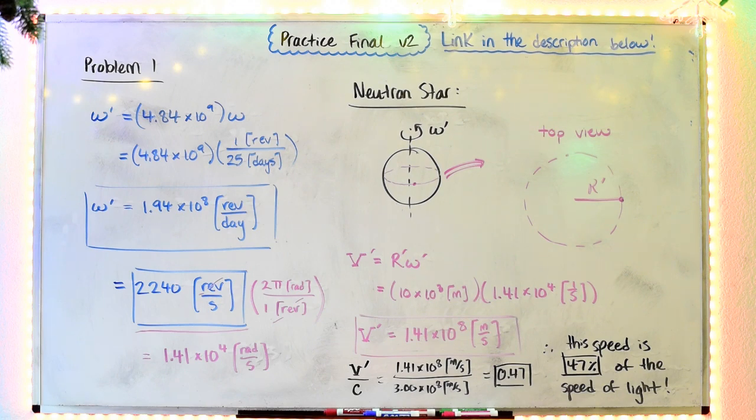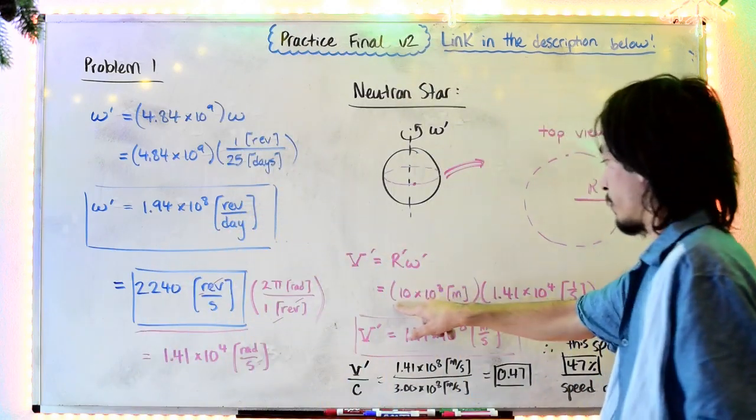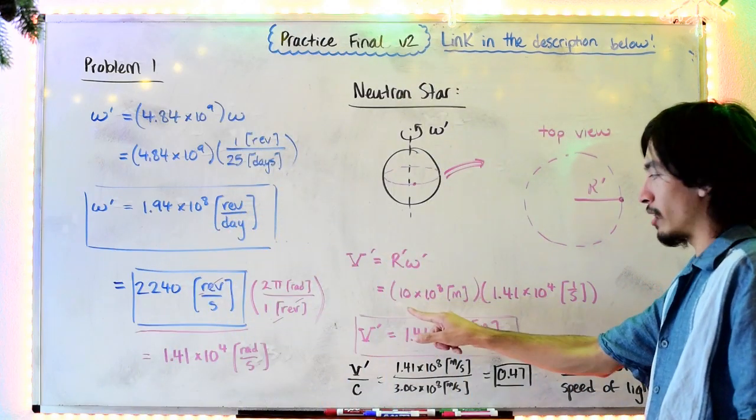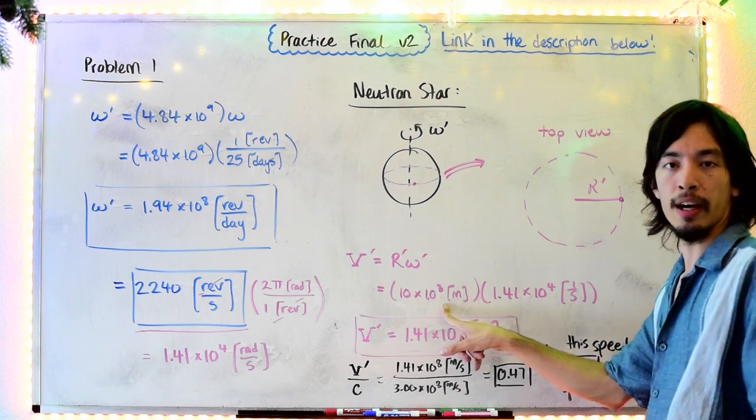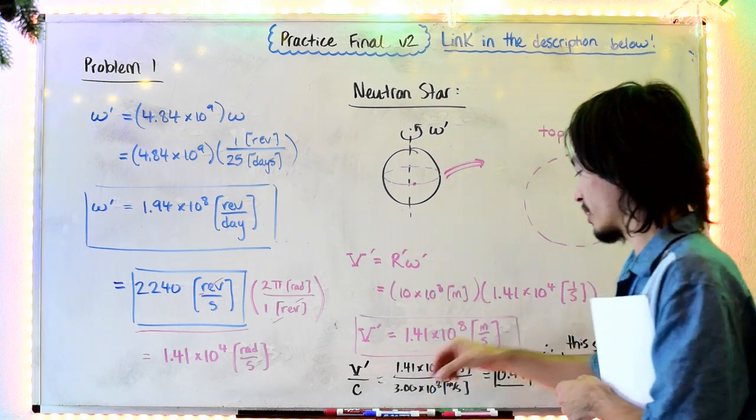How do you get R prime? You mean the radius of the neutron star? That's given in the problem. So actually, here specifically, this value right here for r prime, which is 10 times 10 to the third meters, it's the radius of the neutron star, but I do state it in the problem.